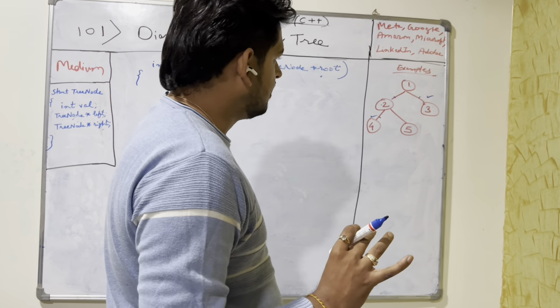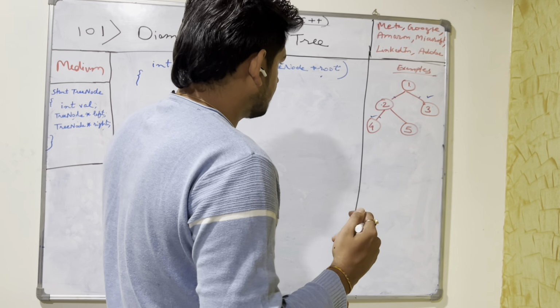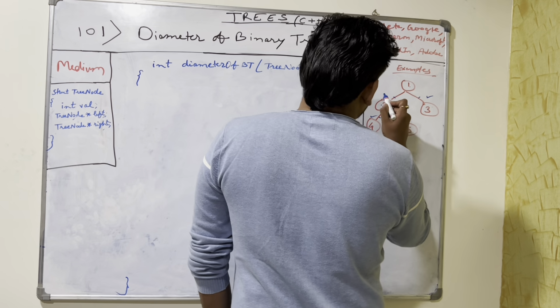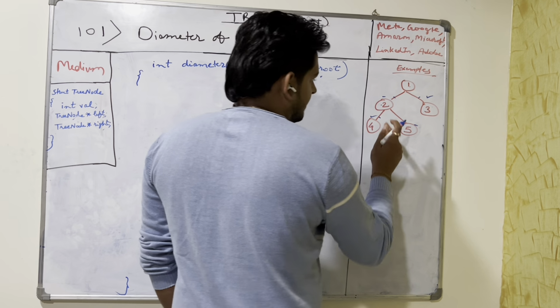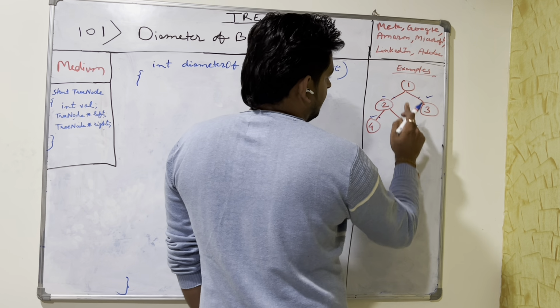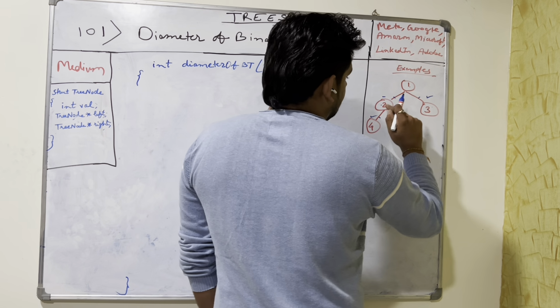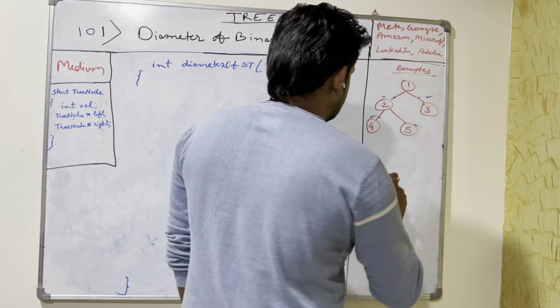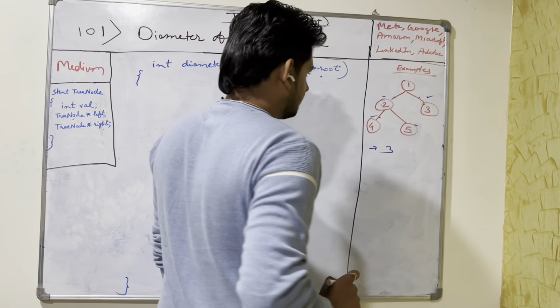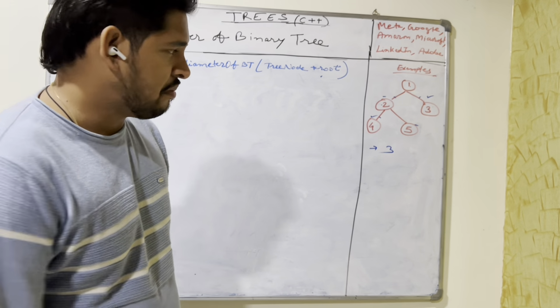Do we have anything more whose distance is more? Say if you take the example of 2 and 5, what is the distance? 1. 1 and 5, what is the distance? 2. So from 4 and 3, the distance is the largest distance. So we return 3.